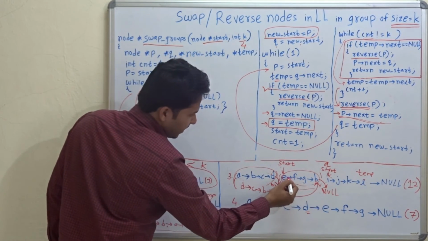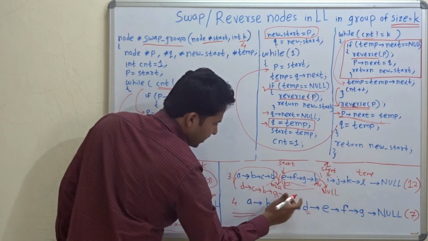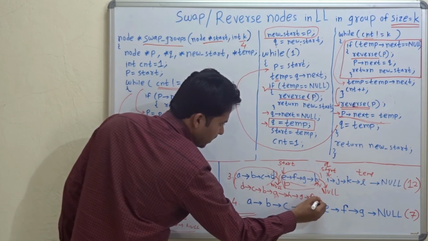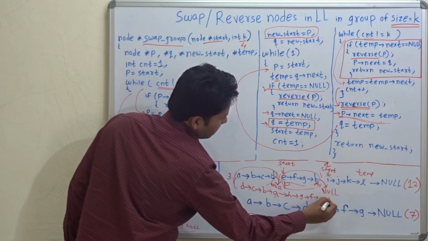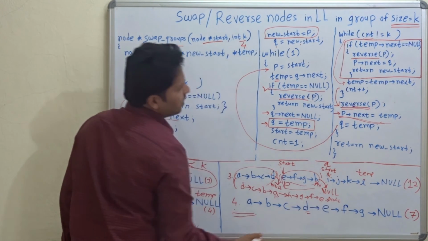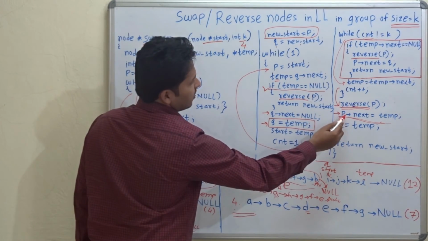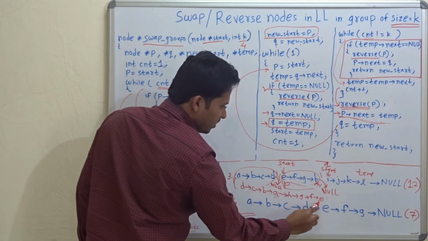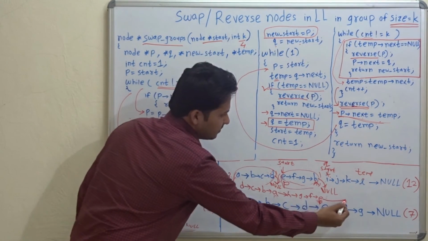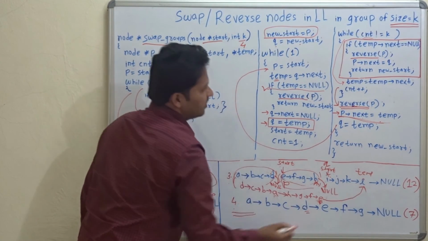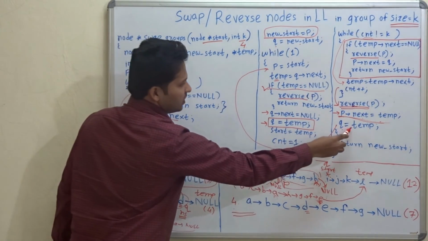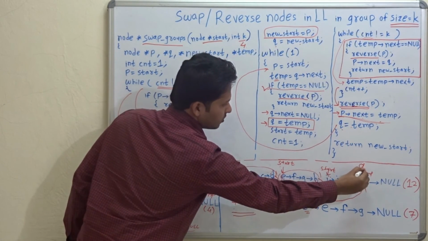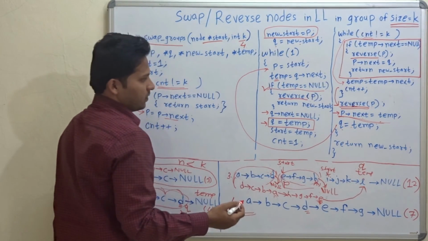So H, G, F, E, it will become as H, G, F and E, and the last will point to null. After reversing, P points next equal to temp. So E will, as you know, P is holding the address of E. E will point to temp and Q equal to temp. So Q will jump to the fourth node in this group.